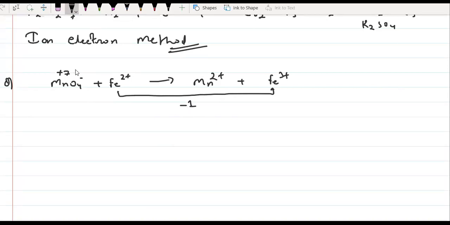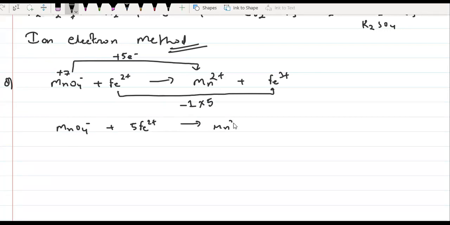And here, see the arrow, plus 5 electrons. So we have to balance the oxidation number. We have to multiply this by 5. It will become MnO4 minus plus 5 Fe2 plus gives Mn2 plus plus 5 Fe3 plus.